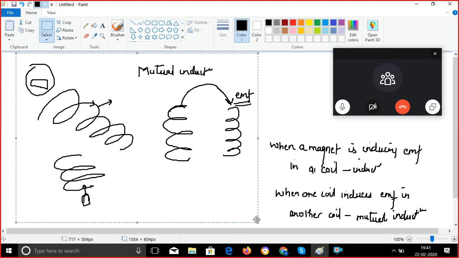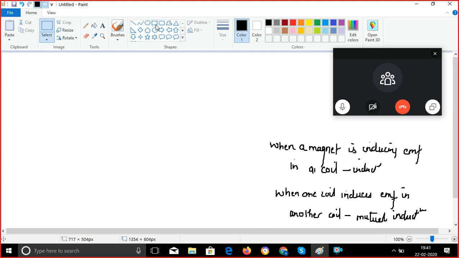How? Let me see. Suppose this is an iron core.